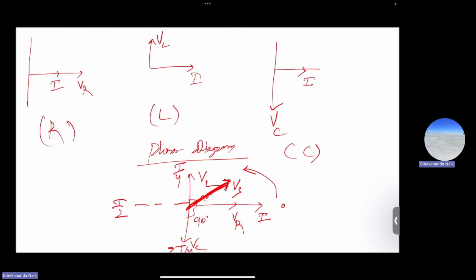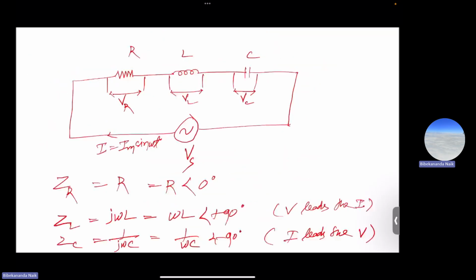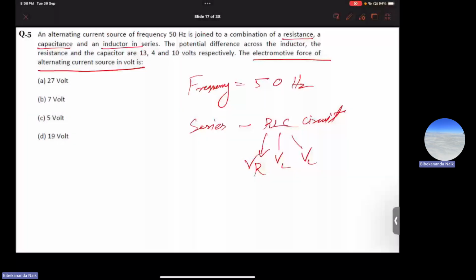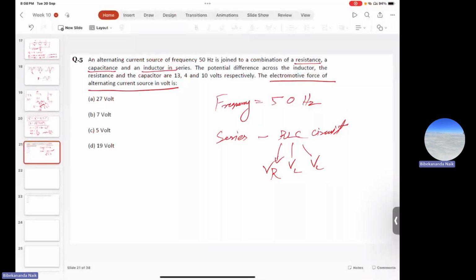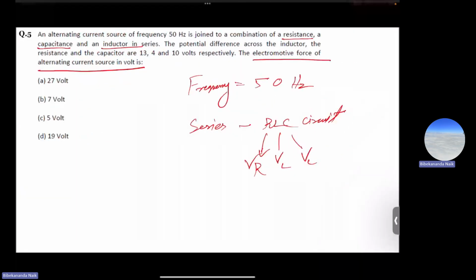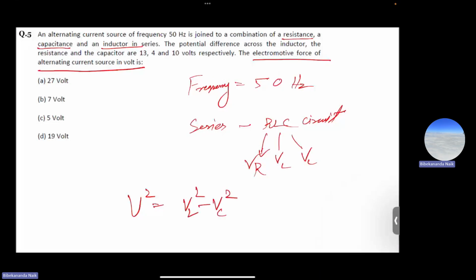So now let's solve the problem. Let me move the slides. Now coming to the problem, the electromotive force of the alternating current source that we need to find out. We just calculated the value of EMF.